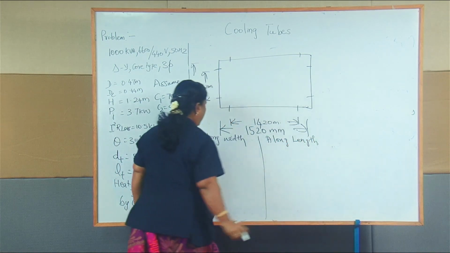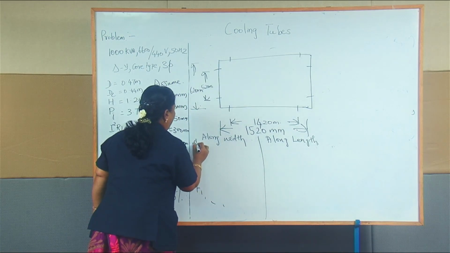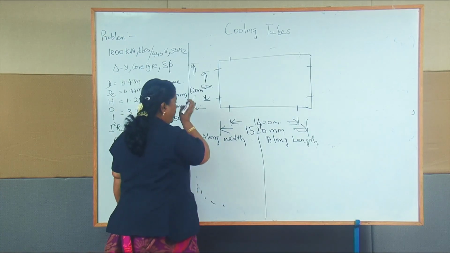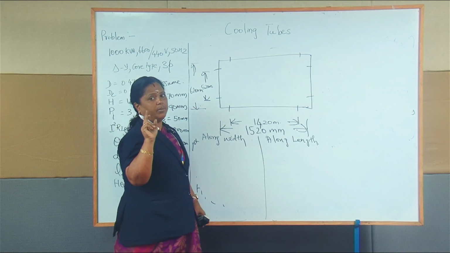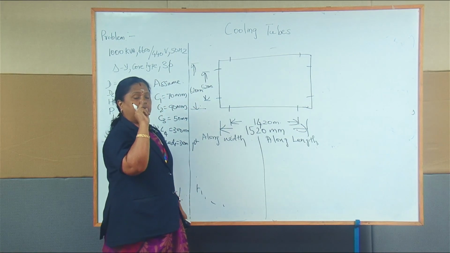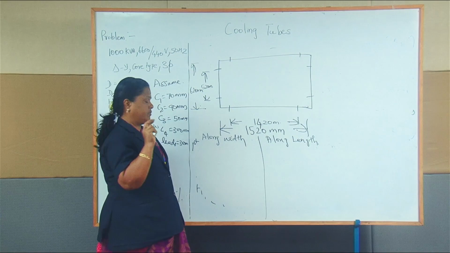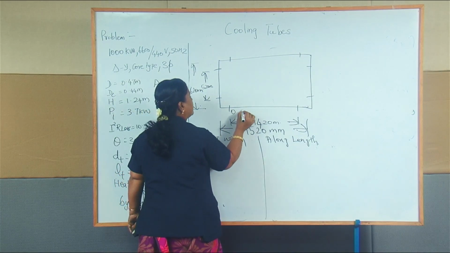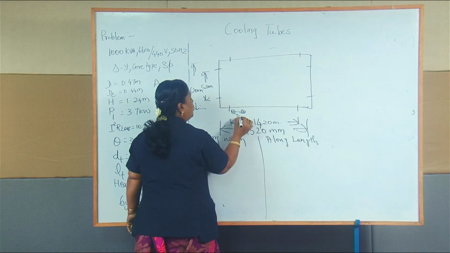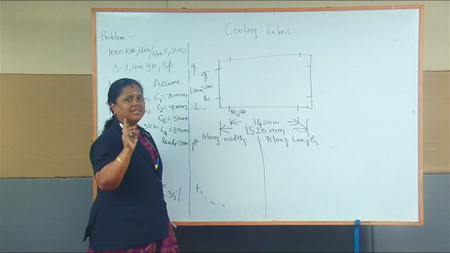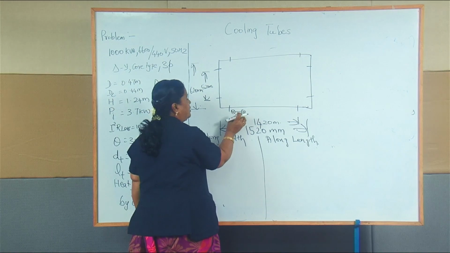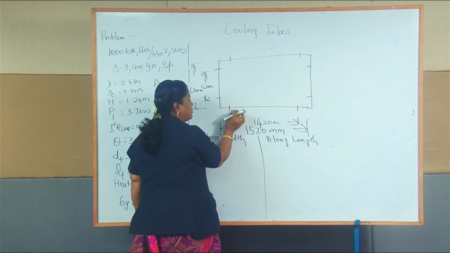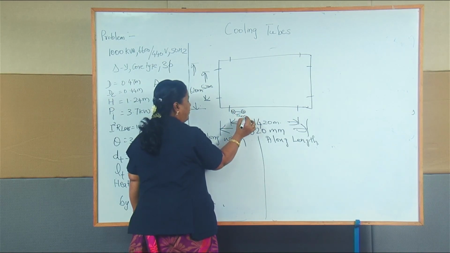So, for the first row along the width, how to calculate? We know the diameter of the cooling tube is 50 mm and the distance between two cooling tubes is always 75 mm. You should keep in mind that it is the center to center distance of the cooling tubes, which should be 75 mm.